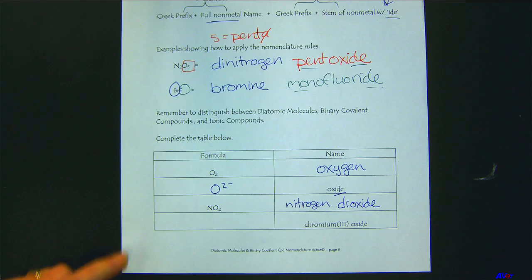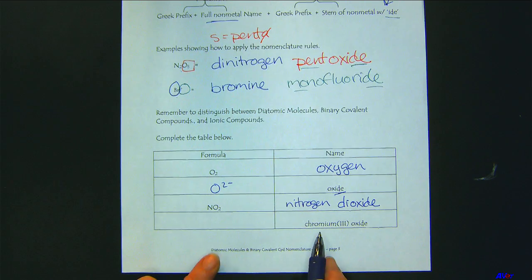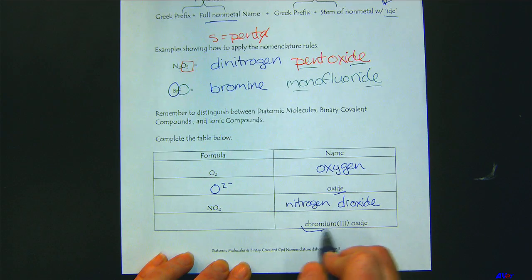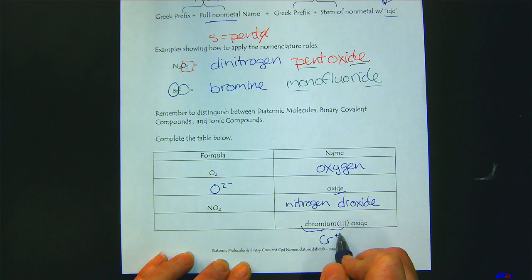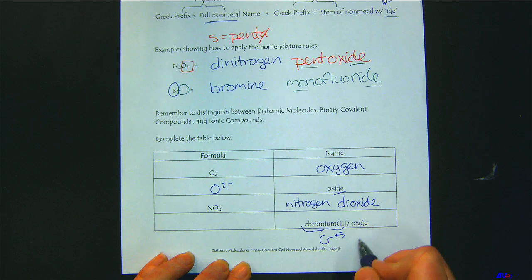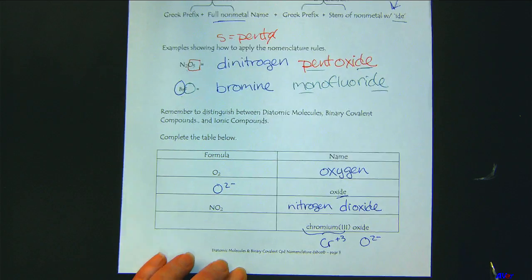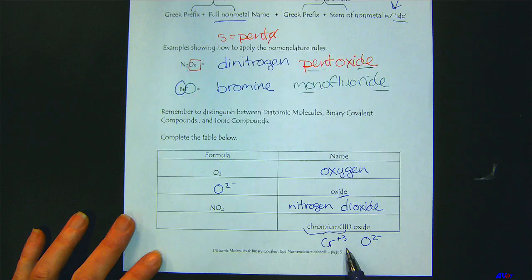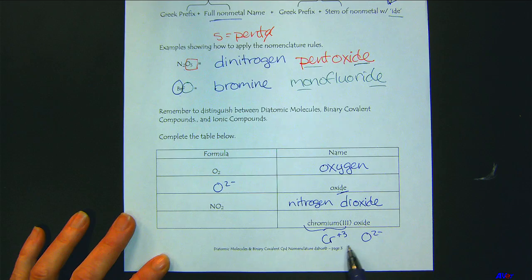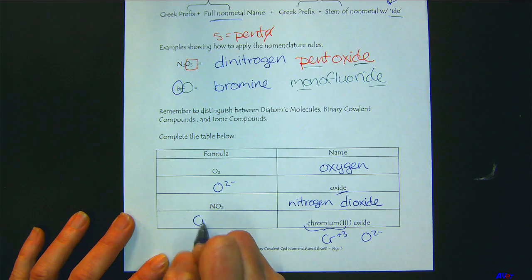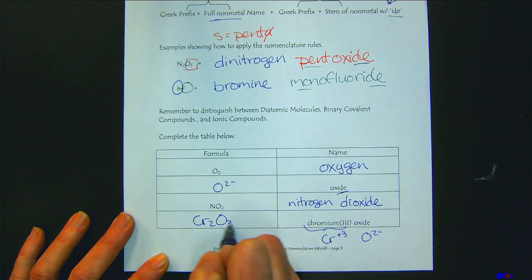All right, and then last but not least, chromium 3, remember, this is the cation name. So this is telling us we have chromium with a +3 charge. And then there's our buddy oxide again. And so then we're going to find the smallest ratio of whole numbers to give a neutral. So we would need 2 chromiums and 3 oxides.